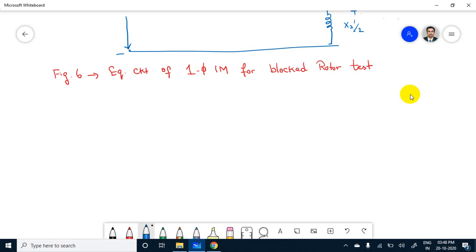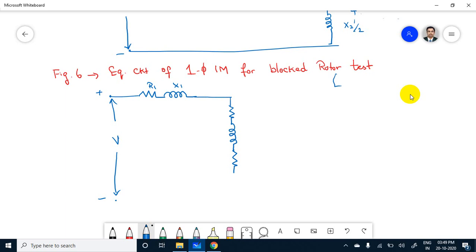So in this method, we have to take positive, negative, V, X1, because in blocked rotor we will eliminate all the losses.